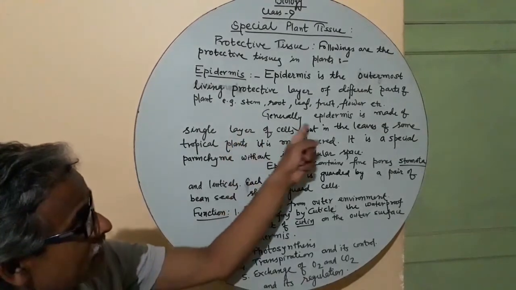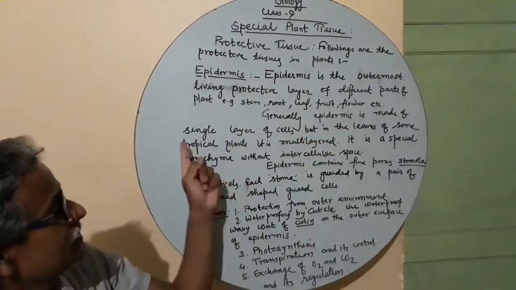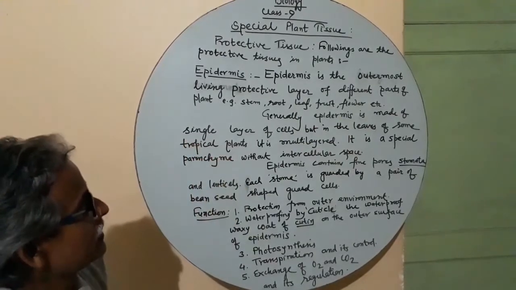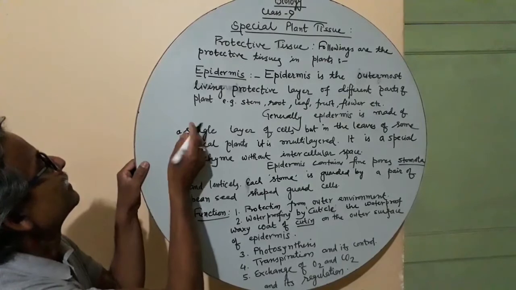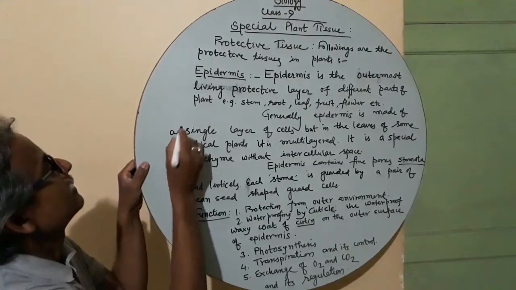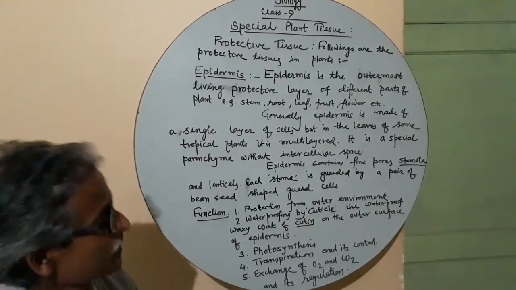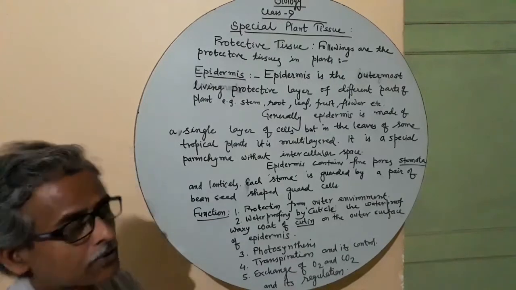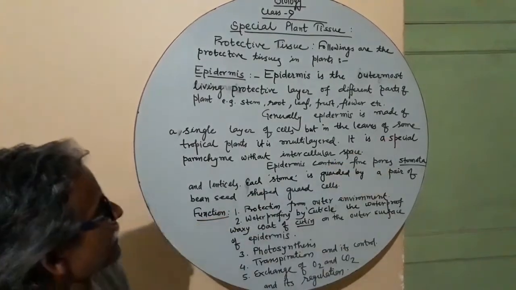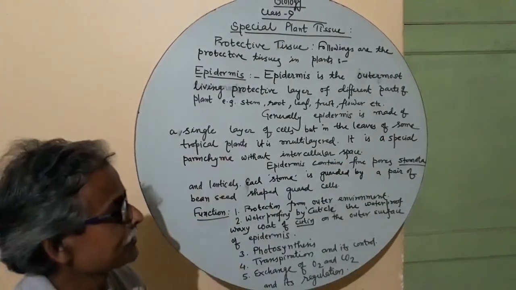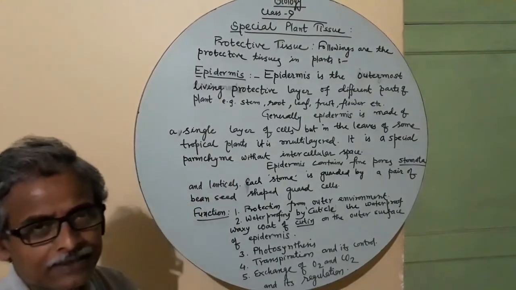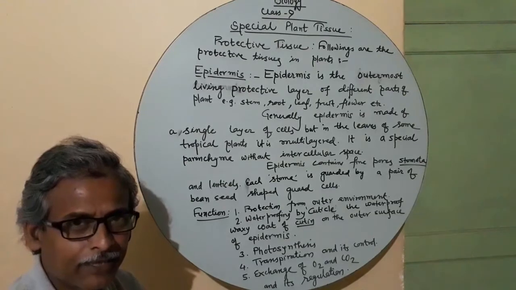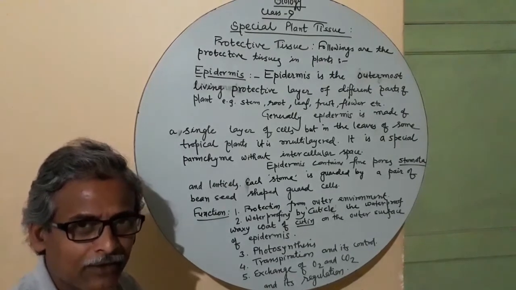Generally, epidermis is made of a single layer of cells, but in the leaves of some tropical plants it is multi-layered, that is, it is made up of more than one layer.